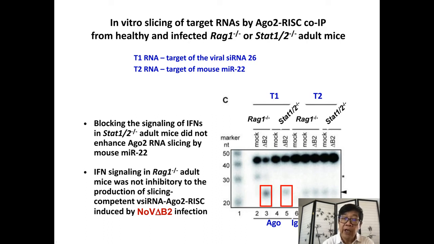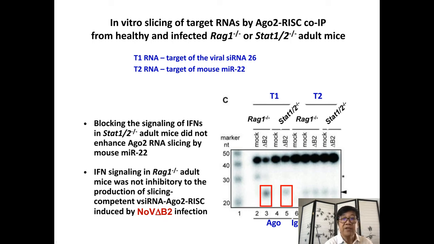In contrast, we see cleavage of the T1 RNA by viral siRNA only in virus-infected mice. However, we see cleavage of the T1 RNA in both RAG1 mice and STAT1, STAT2 knockout mice, although in the STAT1, STAT2 knockout mice the AGO complexes appear to be less efficient.